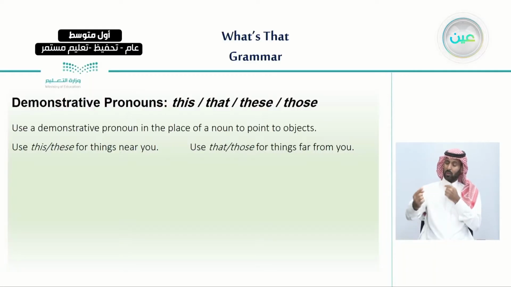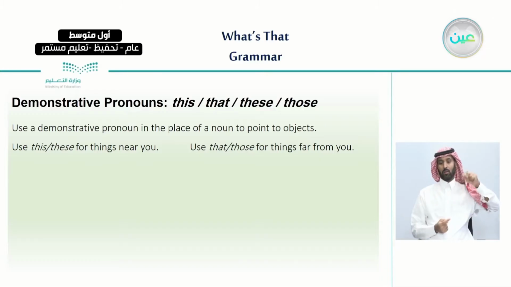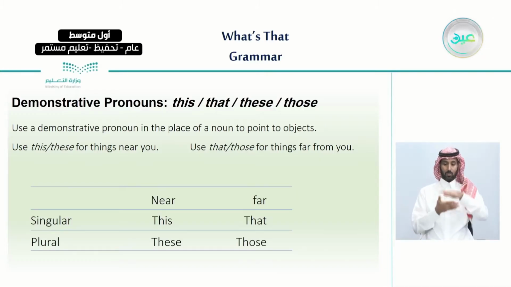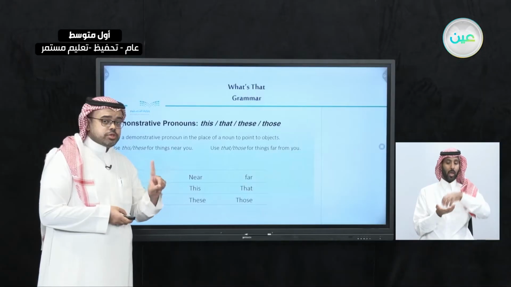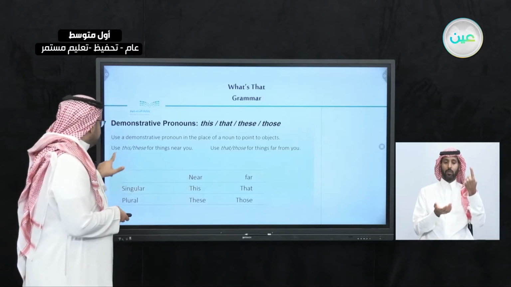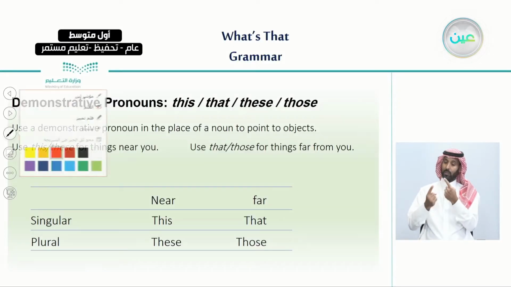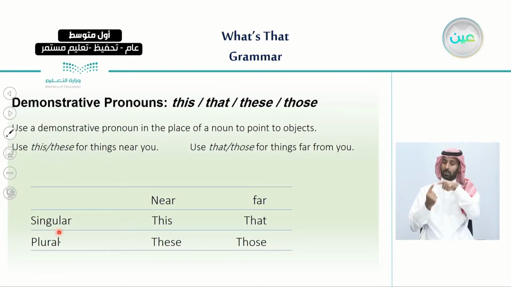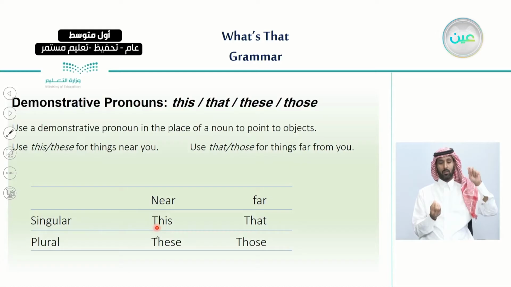But when can we use this or when can we use that? Let's explain it here in this table. If we have a singular object or one object and that is near, then in this case we would use this.